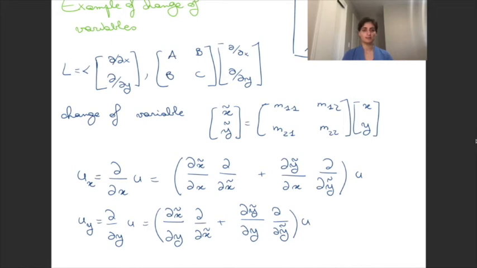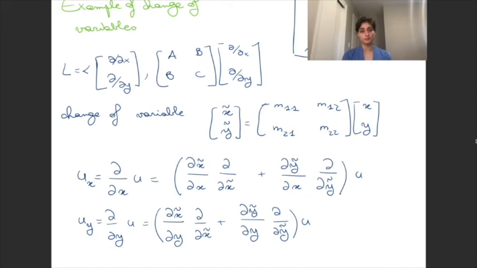Let's look at an example of a change of variables, maybe making it a bit more practical. So we have a two-dimensional, second-order, linear differential operator.